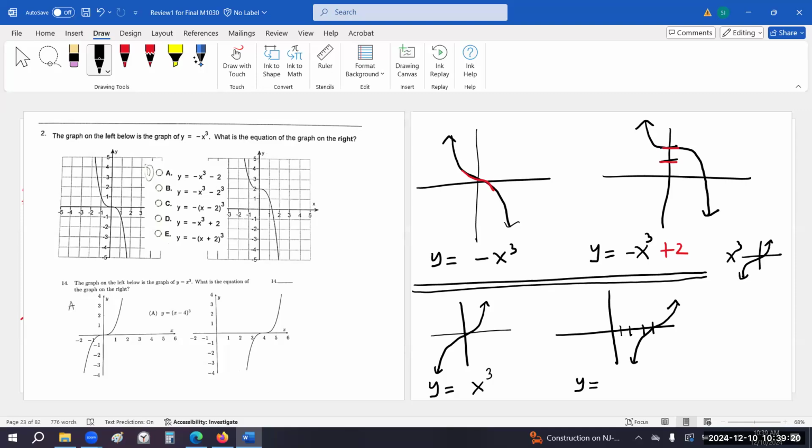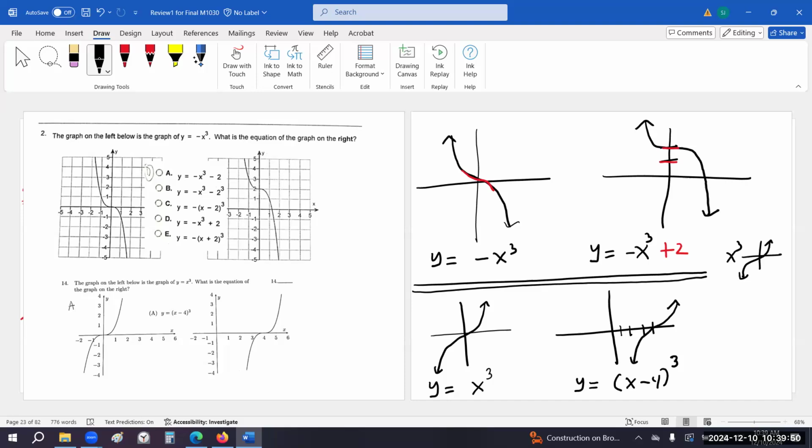So how you're gonna write? How you're gonna start your equation? Parentheses x, and then cube.